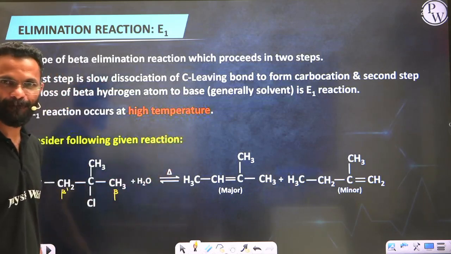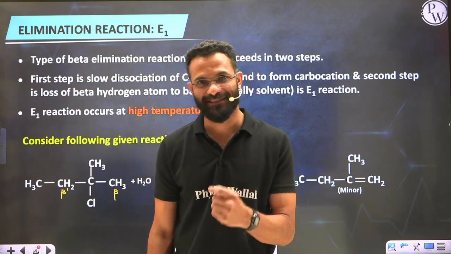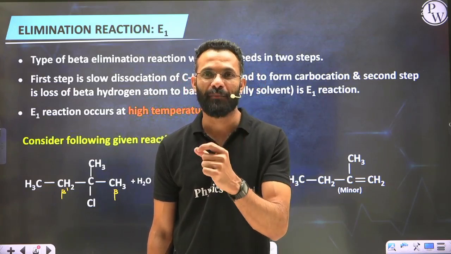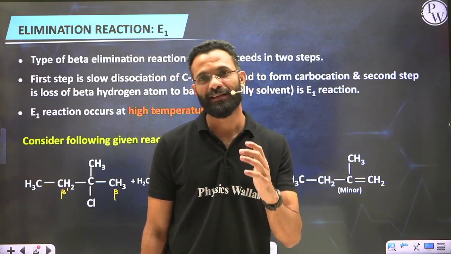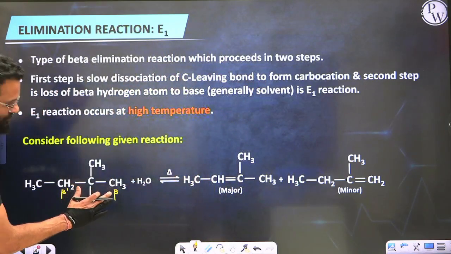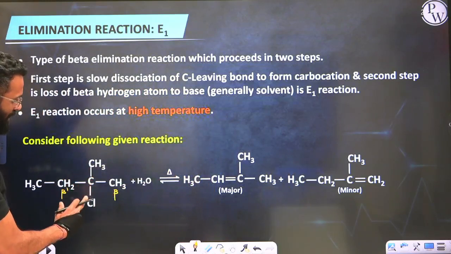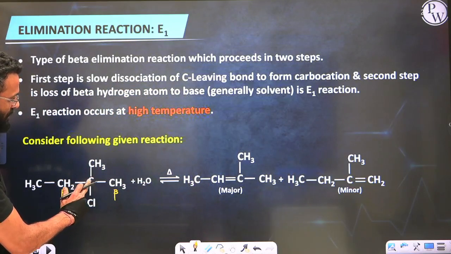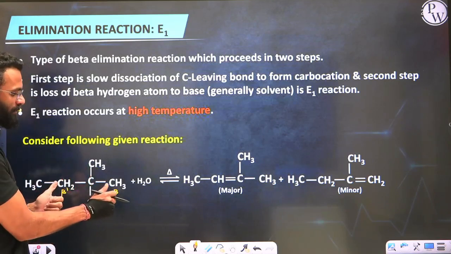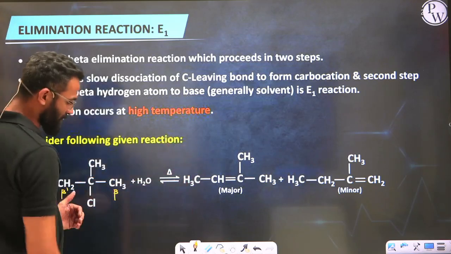We allow this reaction to take place at relatively higher temperature. Now sticking to the basic definition of the E1 reaction, abstraction of hydrogen takes place at the beta carbon atom, meaning the carbon adjacent to the carbon carrying the leaving group. Here we are going to carry out elimination where the halogen will be removed from the alpha carbon and hydrogen will be abstracted from the adjacent carbon, that is beta. Because I have two non-equivalent beta carbon atoms, two products are expected.